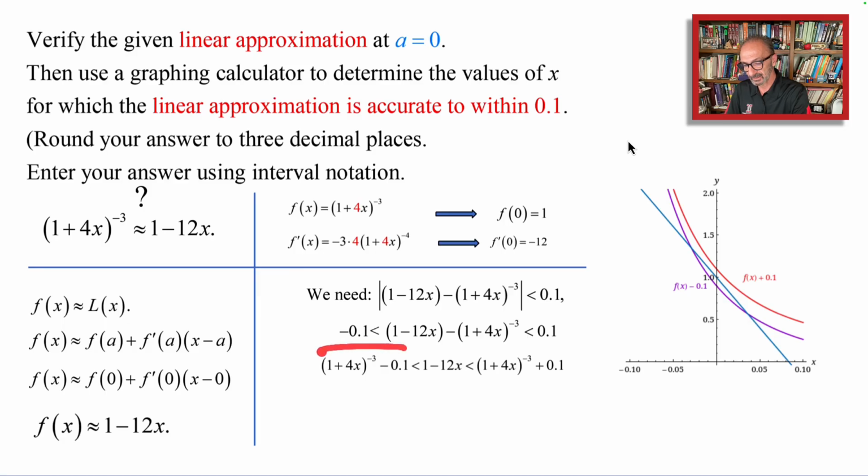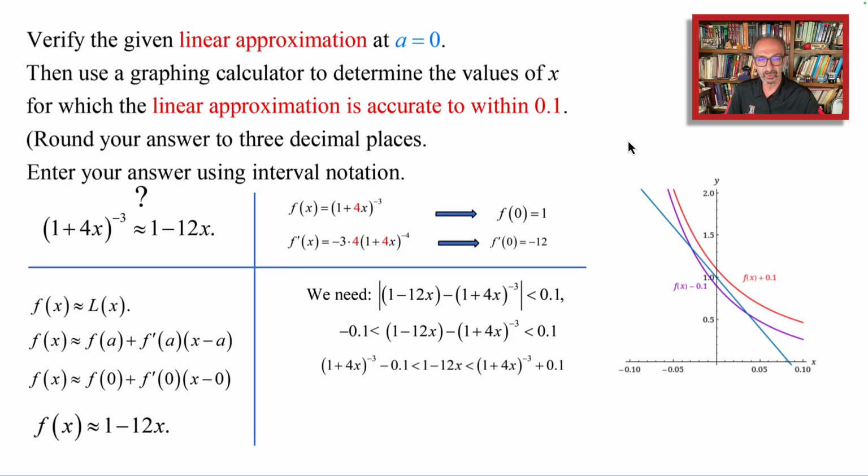And this left-hand side is the purple color right here. And 1 minus 12x is the blue line in between them. But here's the idea to solve it graphically. See these 2 points? That says that 1 minus 12x is greater than the graph that was shifted down, which is in purple.